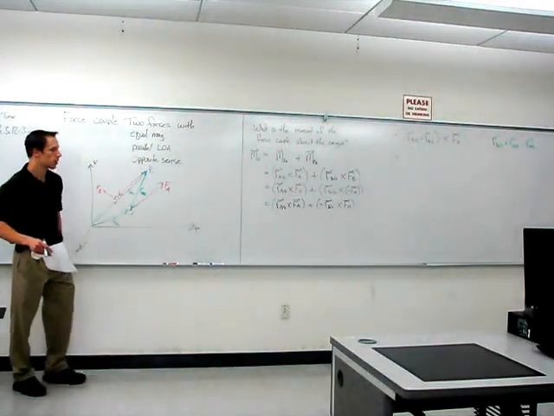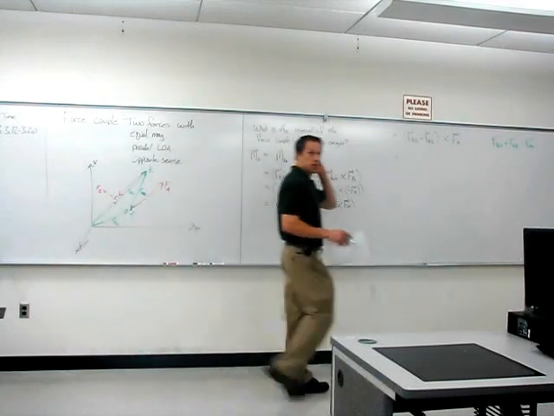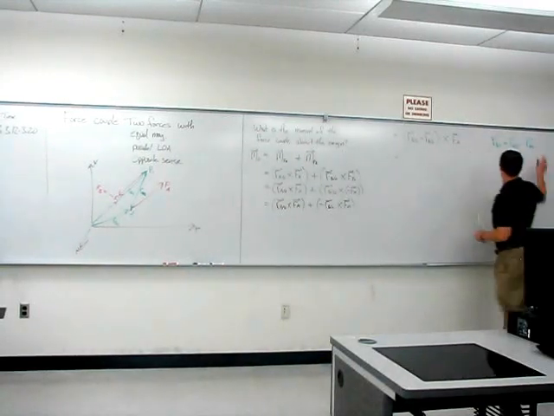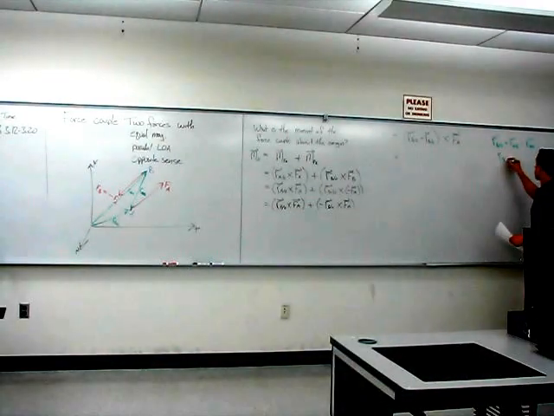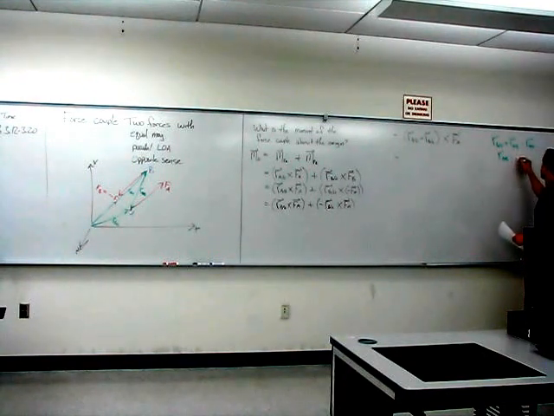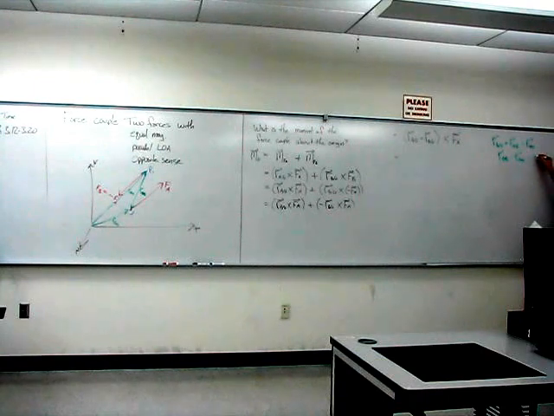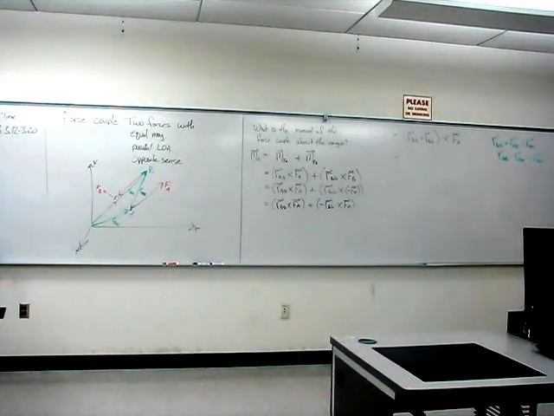Okay. So now if I subtract the position of B with respect to the origin on both sides, what do I have? The position of A with respect to B is equal to the position of A with respect to the origin minus the position of B with respect to the origin. So look what I can do with our cross product. I can make one more substitution, one more simplification.